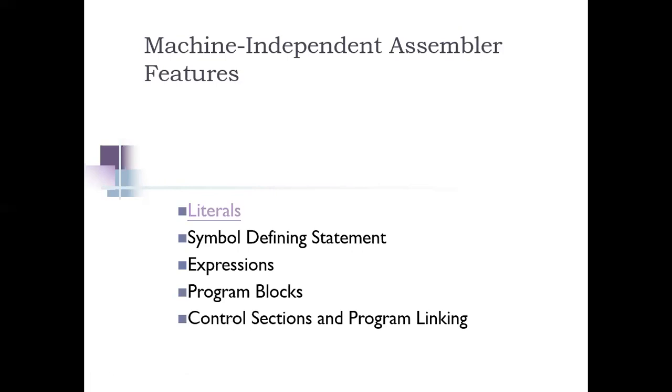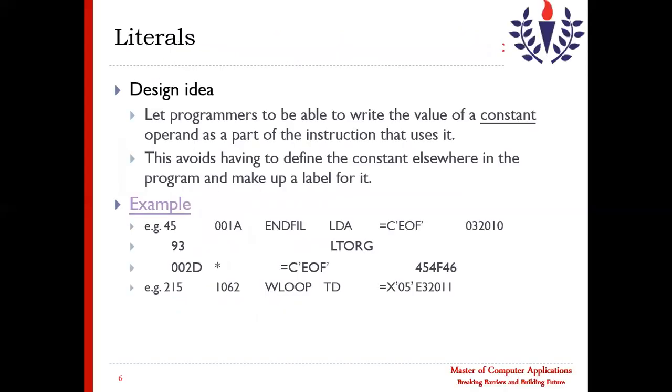Our control can be shifted from one block to another, and linkage can be done between the program and the control section. For expressions, program blocks and control sections, some assembler directives are used to define them, and we will discuss that further in the lecture.